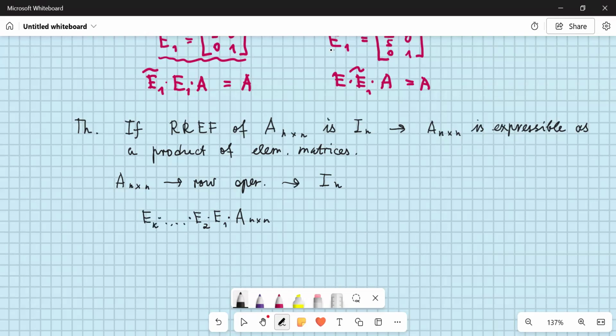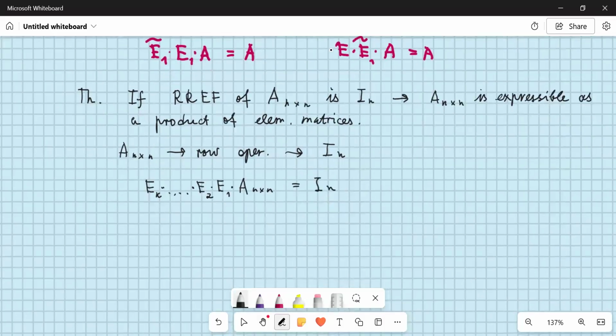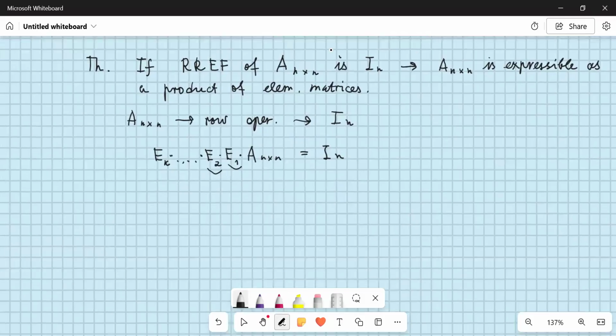Eventually, if you apply all of them, you are going to get the identity matrix. Instead of row operations, we are doing multiplication with elementary matrices, which represent the very same row operations. It's just a different way to write down row operations.